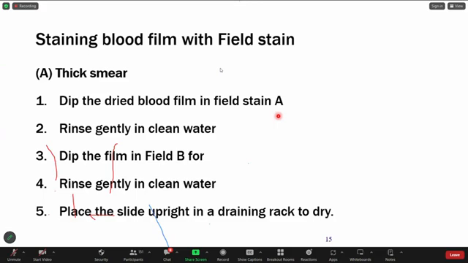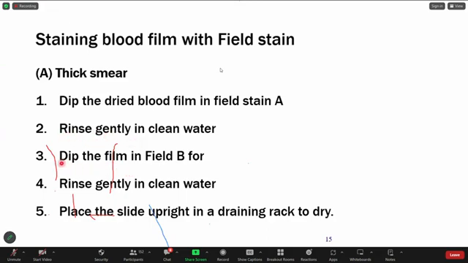You end up removing it when it is brown, at times green. So we put it in Field stain A until it is visibly blue. Then we rinse it gently in clean water. Remember to change the water when it is so much colored. This water should not be so much colored because it is used for rinsing.